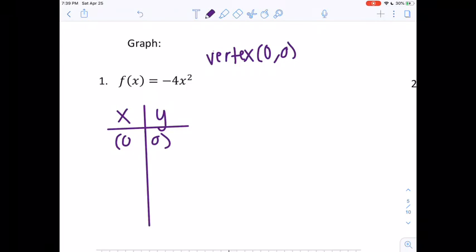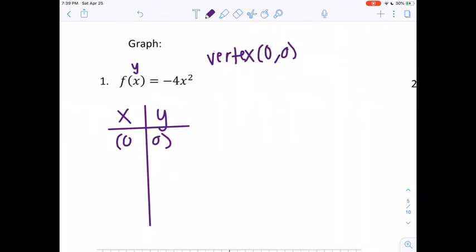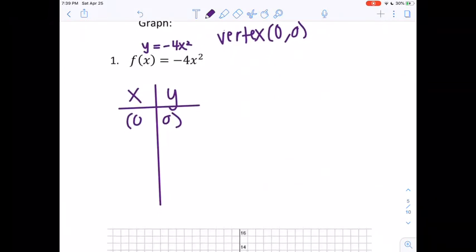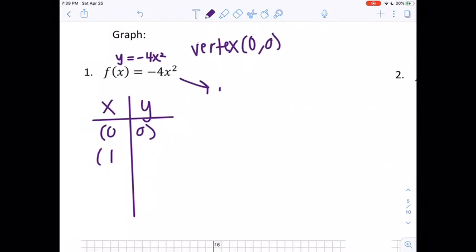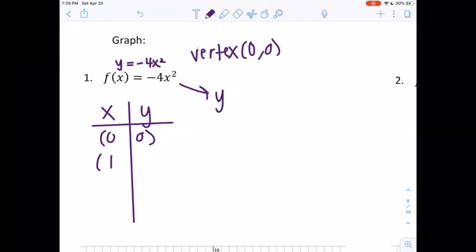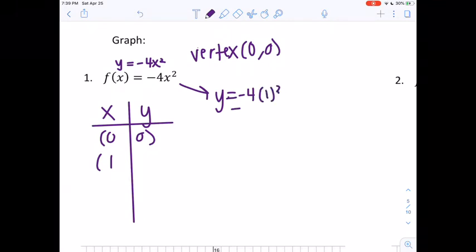So I know right away my point's going to be 0, 0. Because if I plug in 0 for x, well, x squared is 0. 0 squared is 0 times negative 4 is 0. So y equals 0. Remember, this is saying y equals negative 4x squared. So I'm going to pick another value. Let's pick 1. Plug it into here. So y equals negative 4 times 1 squared, which is negative 4.